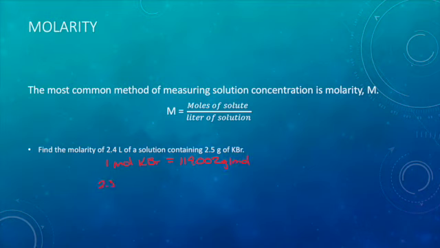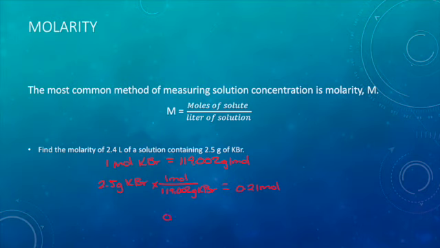So we have 2.5 grams of KBr times 1 mole over 119.002 grams of KBr. And we get 0.21 moles.